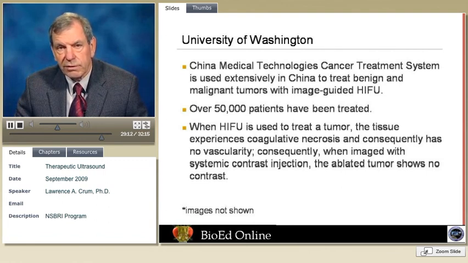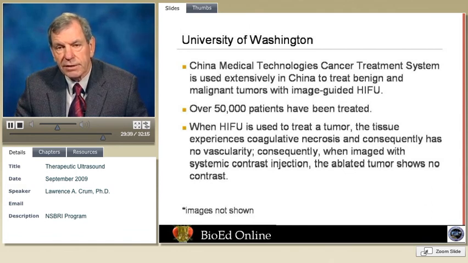So we have demonstrated several times in China. The Chinese have developed this technology, and they have treated over 5,000 patients for pancreatic cancer. So this figure on the left shows a tumor in the pancreas, and this has blocked the ductal tissue, and this patient experienced considerable pain.